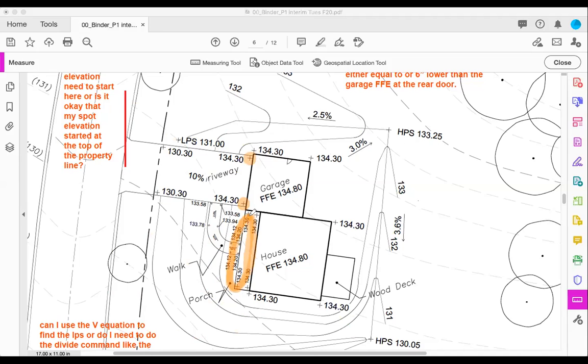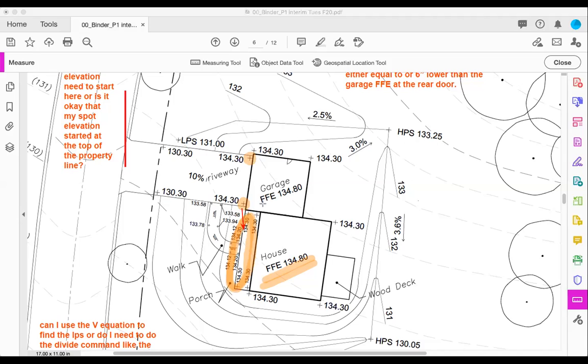The ground here needs to be lower by at least half a foot. So that actually creates a drop in this area, which will form negative drainage.